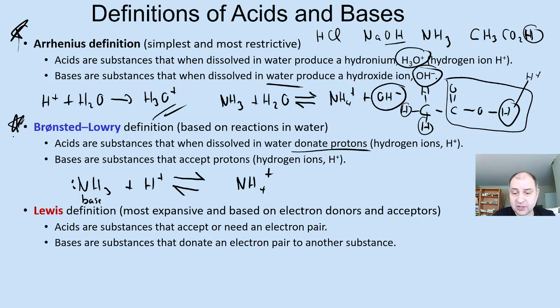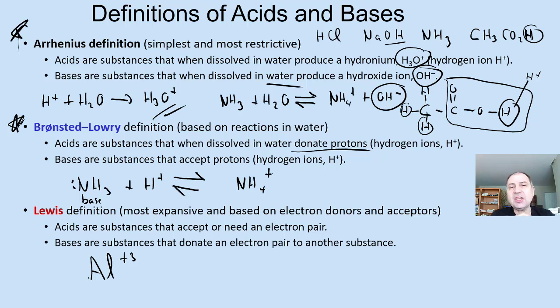Now the Lewis definition is actually the broadest and the best, but it's a little bit beyond the scope of this course. But it does include things like metals, aluminum, and this is something that you might want to remember. Aluminum is actually an acid, a Lewis acid.